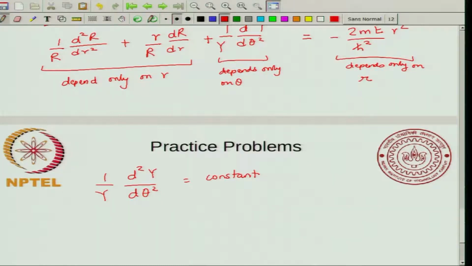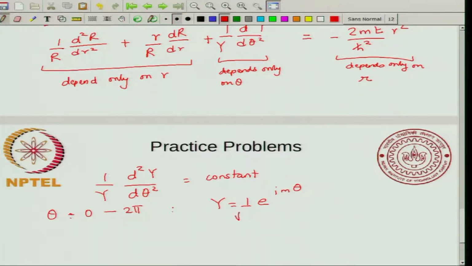spherical harmonics. Since theta goes from 0 to 2 pi, we can write this in the following form: y is equal to e to the i m theta, and there is a factor of 1 by root 2 pi, but I won't bother about that.